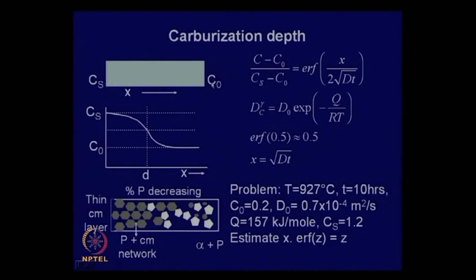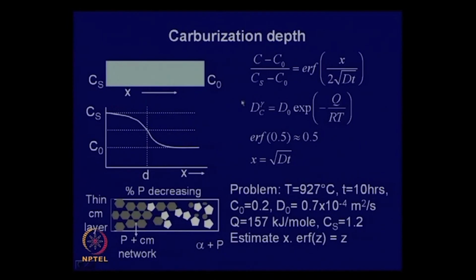Suppose we assume this as a 1D problem, where you maintain high carbon content at this surface, and this is the core where you have low carbon content. This is the position at time t equals 0, but with time the carbon will start diffusing.